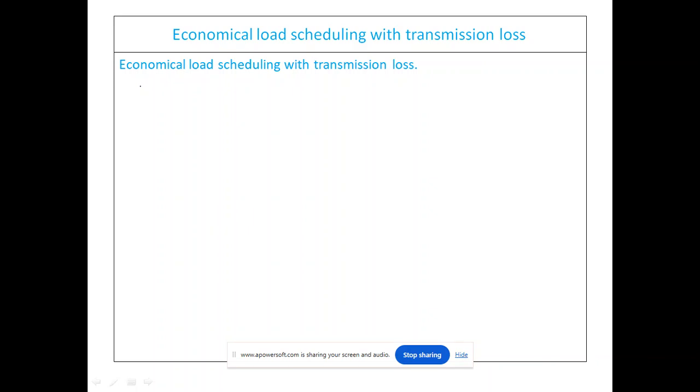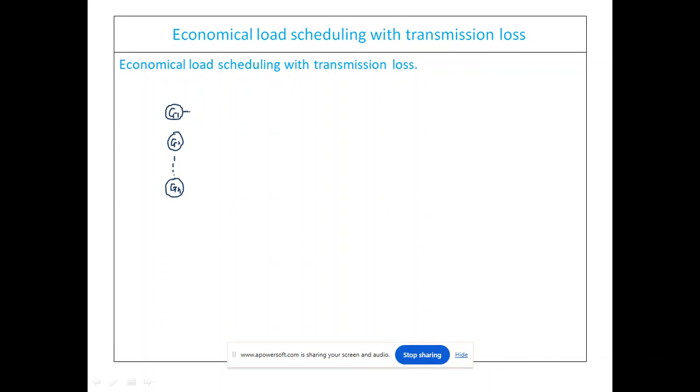Let us consider a system having n number of power plants. So this is say G1, we have another plant G2, and so on up to Gn.